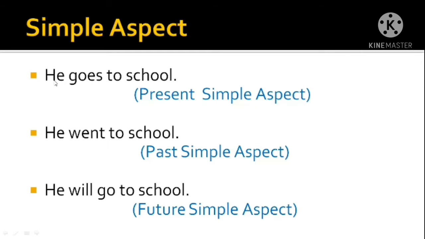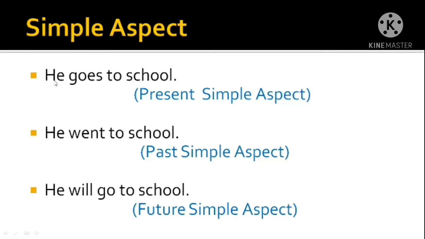So you say, he'll go to school. Will go. Will is the future tense indicator according to the new perception. And according to the traditional grammarians, this will is the future tense maker.